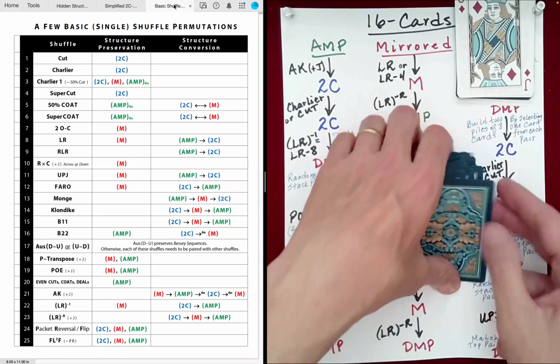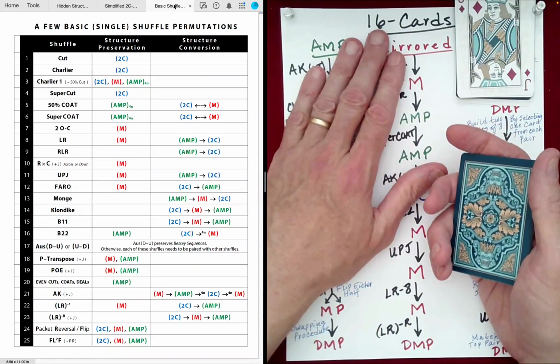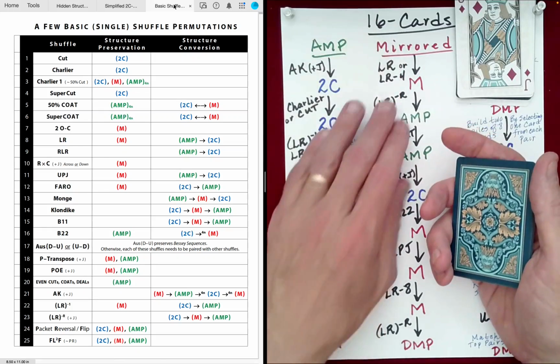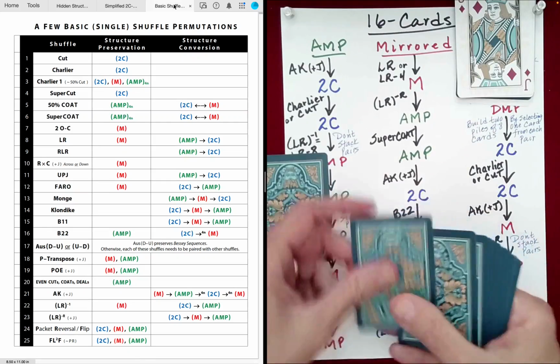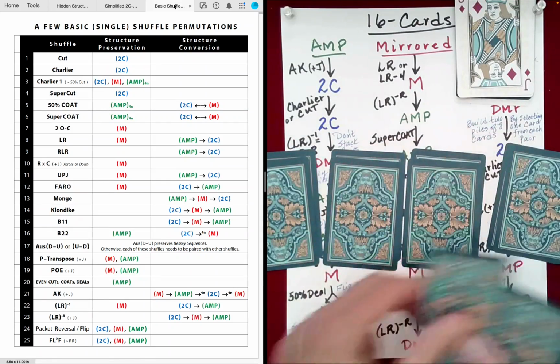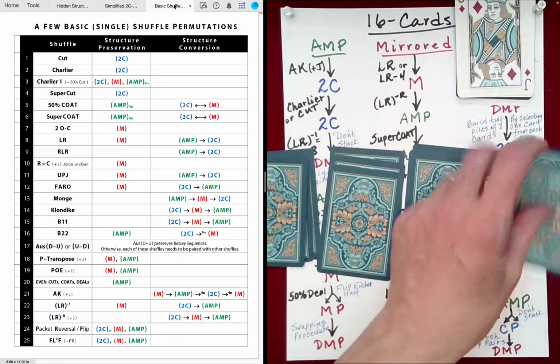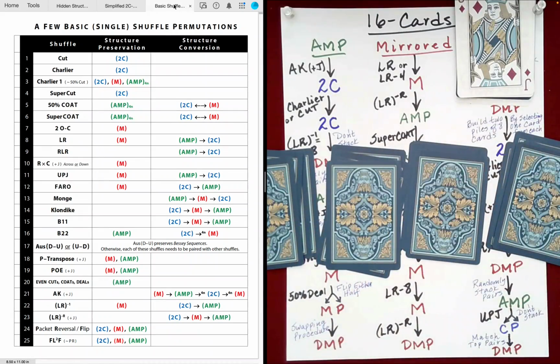We can do that because 2 is a divisor. It divides into 16, okay? Well, 4 divides into 16 evenly as well. So we can deal into 4 piles, left, right. And we can stack from left to right or right to left.